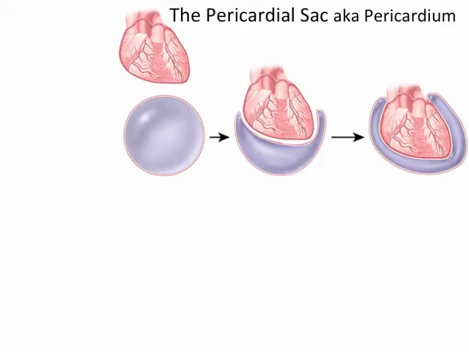The innermost layer of the balloon would correspond to the inner layer of the sac that surrounds the heart, and the outer layer of the balloon would correspond to the outer layer of the sac. And the blue stuff in between would correspond to the fluid in the sac that surrounds the heart.